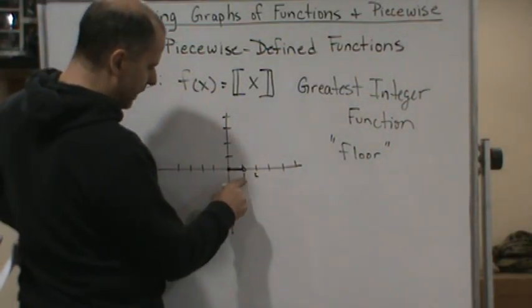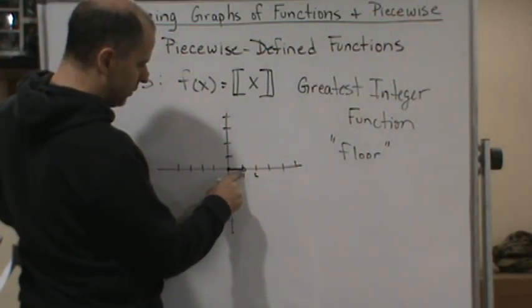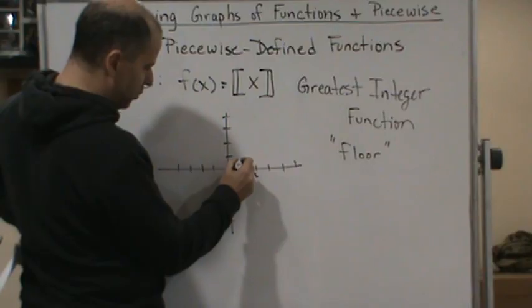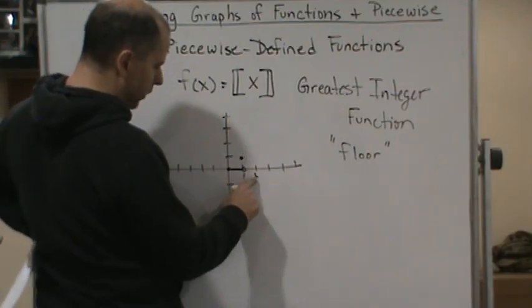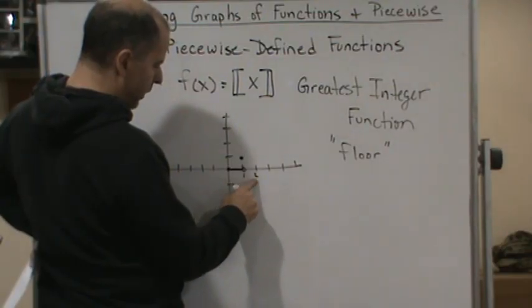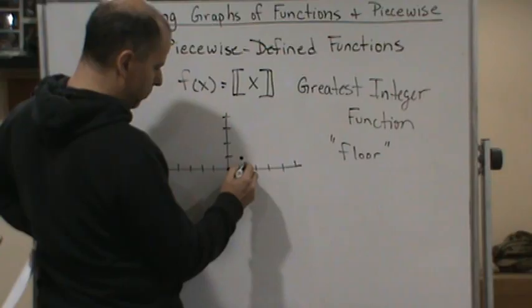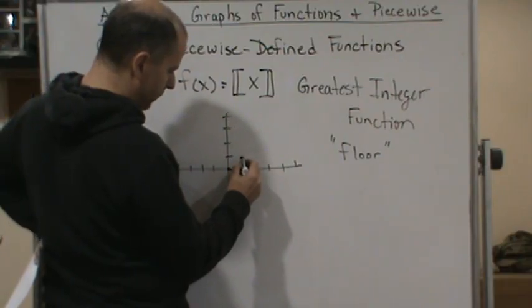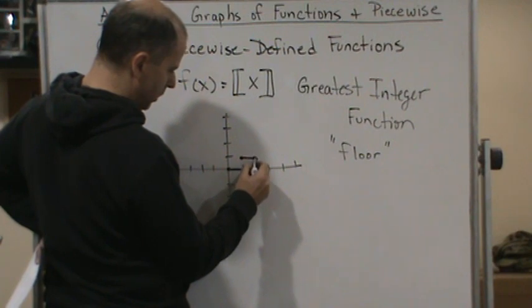And then as soon as I hit 1, notice I put a circle here, so it's not filled in. But as soon as I hit 1, now it's going to jump to 1. And now from 1 to 2, as long as my x value is between 1 and 2, f of x will always give me 1. So now it's going to be constant all the way to 2.